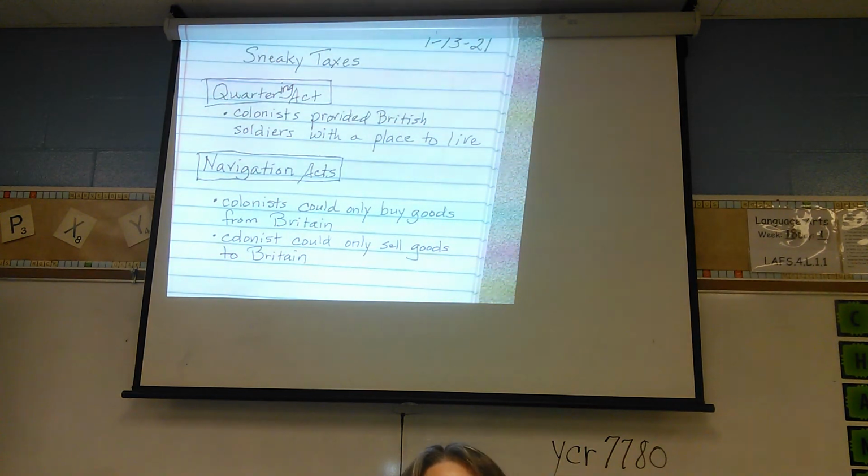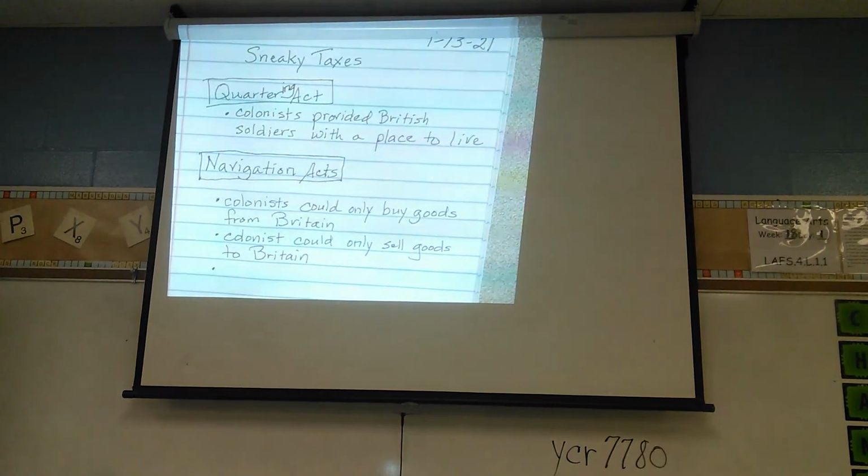Now remember, we're focusing on why they felt that this was unfair, right? And so the colonists feel that this is unfair because they may be able to buy goods more cheaply from another country, or they may be able to sell goods for a higher price with another country, and this limited them, okay? So we want to write a note here about why they felt that it was unfair.